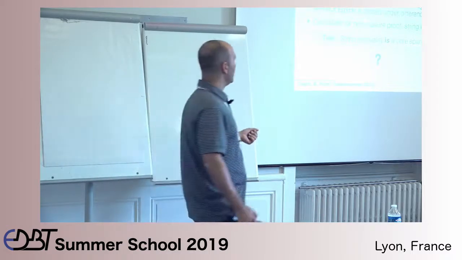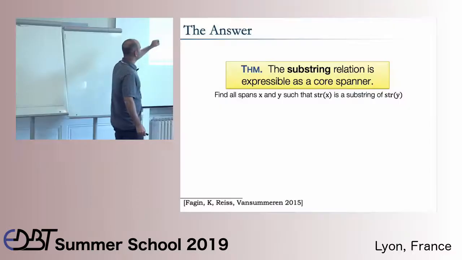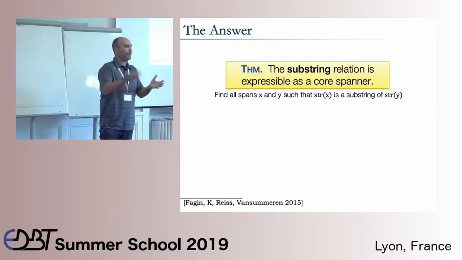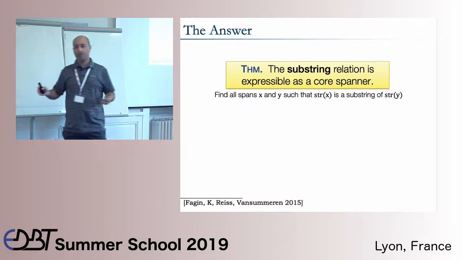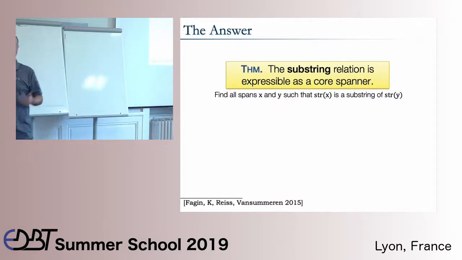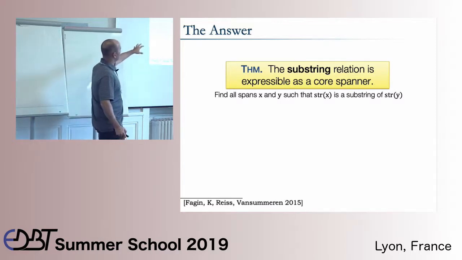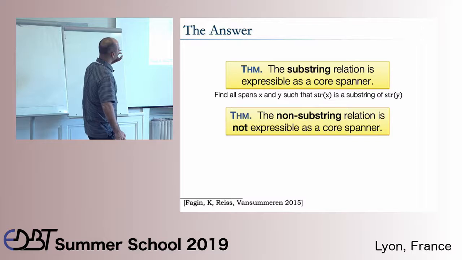difference? And then the answer came from this relation, the substring relation. If we're adding a string equality between spans, and we're asking, can you do substring? Like the string of one span is contained in the string of the other span, and it is easily expressible as a core spanner.